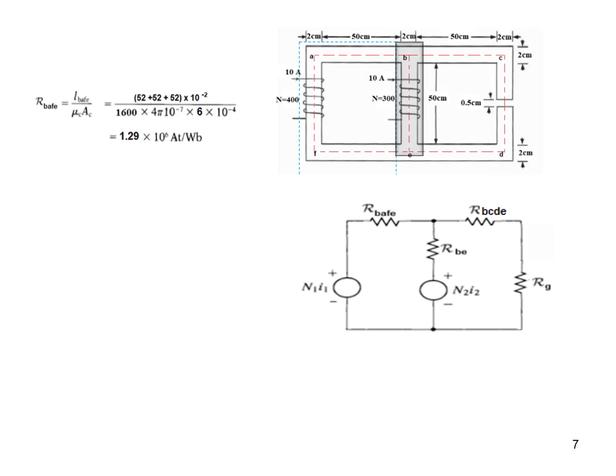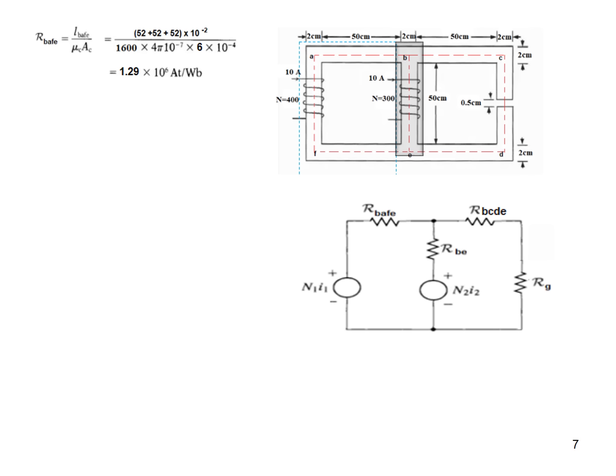Now let's find the values of the reluctances. So first BAFE, and as we mentioned, for BAFE we take this dimension. The formula for reluctance, I hope you recall, is the length of the core divided by mu C AC. So the length of core BAFE will take only this portion, and if you can see from the diagram, this much is 50 centimeter.